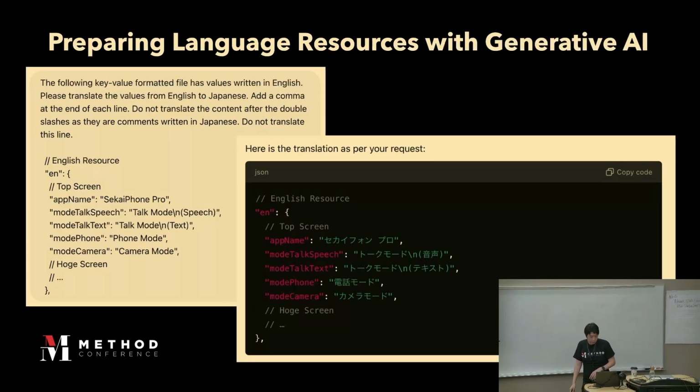Here is an example. The following key value formatted file has values written in English. Please translate the values from English to Japanese. If I send this request to generative AI, a new Japanese language resource would be generated.